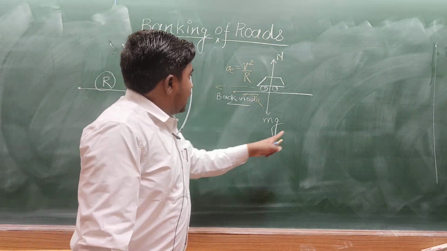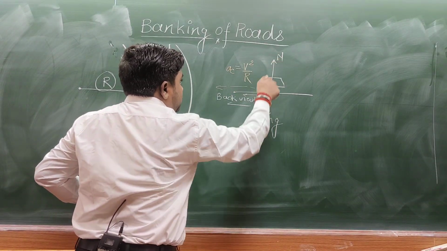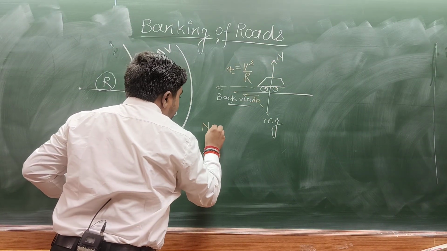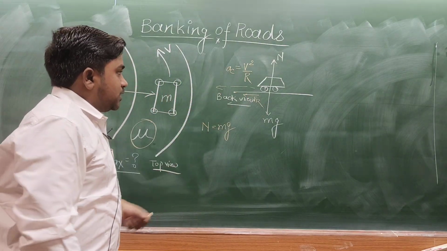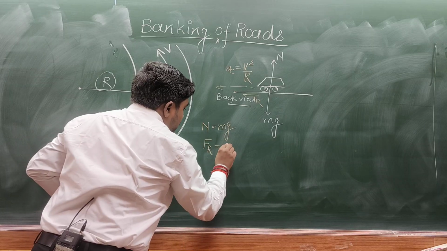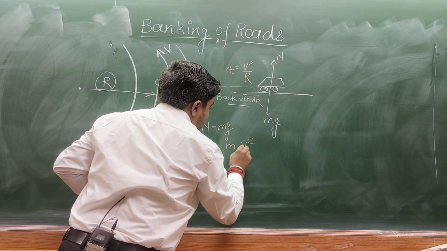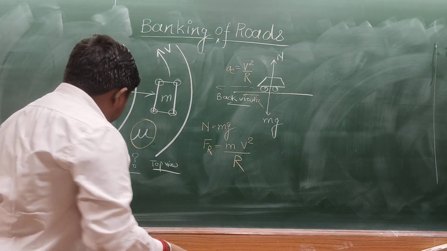Now just we have to analyze the forces and we will get the Vmax for this situation. So writing the first equation, vertical force balance, that will be N is equal to mg. If we write the force equation along the center, then this friction force is equal to mass into centripetal acceleration of the car. Now what we need to find?